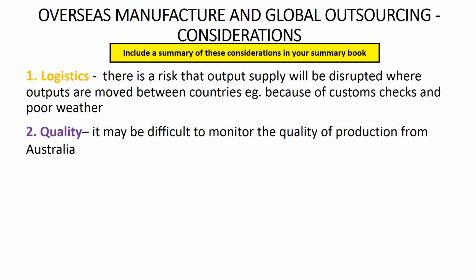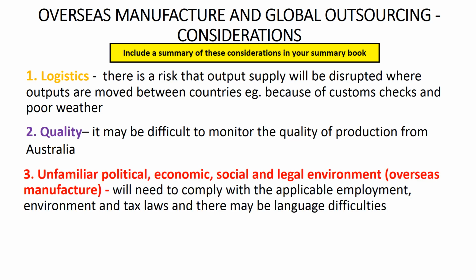The third consideration is relevant to overseas manufacture. Where an Australian business undertakes overseas manufacture, it is setting up and operating a production facility in another country. This other country will have a different political, economic, social and legal environment to Australia.